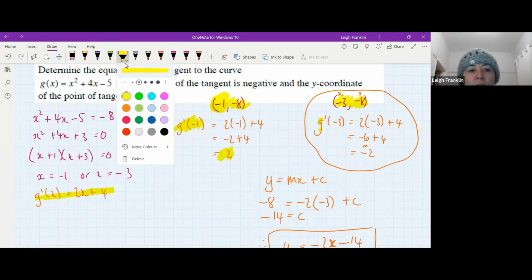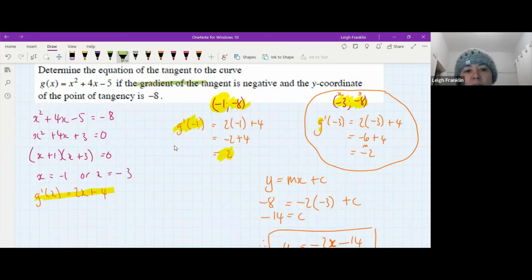That's not what I want. I want the gradient of the tangent that is negative. So I'm actually disregarding this answer. This does not happen where x is equal to -1. It only happens where x is equal to -3.